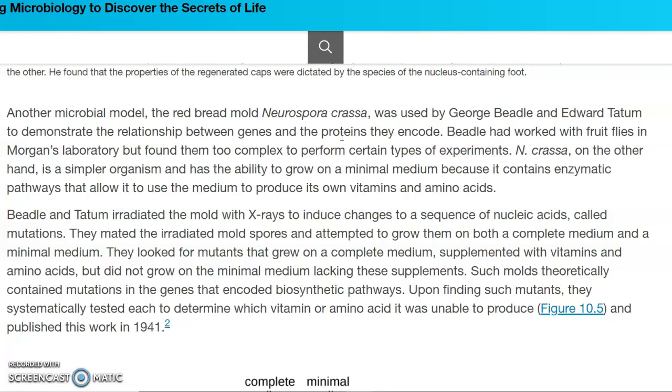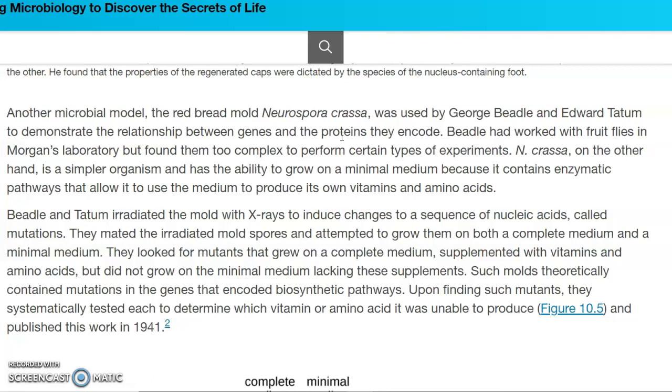And what they did is they took the molds and exposed them to X-rays. And X-rays have the ability to cause mutations, changes in the nucleic acids. And what they did is they took those irradiated spores, mated them, and attempted to grow them.